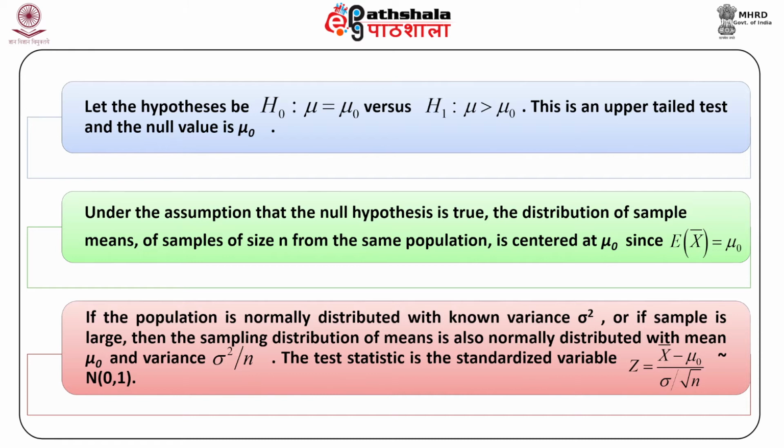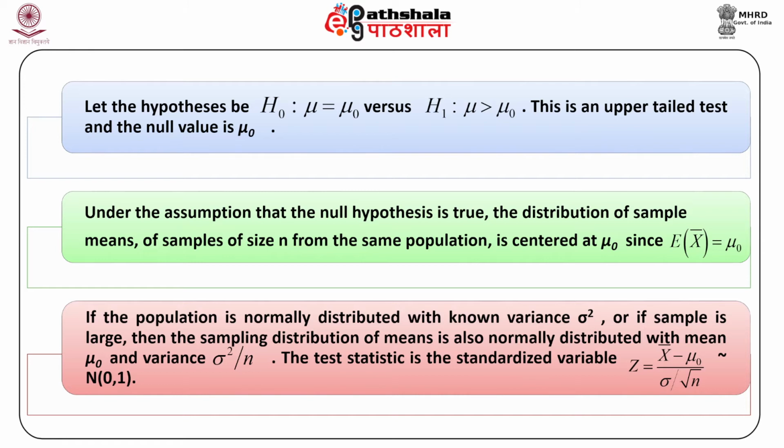If the population is normally distributed with known variance sigma square, or if the sample is large, then the sampling distribution of means is also normally distributed with mean mu 0 and variance sigma square by n.